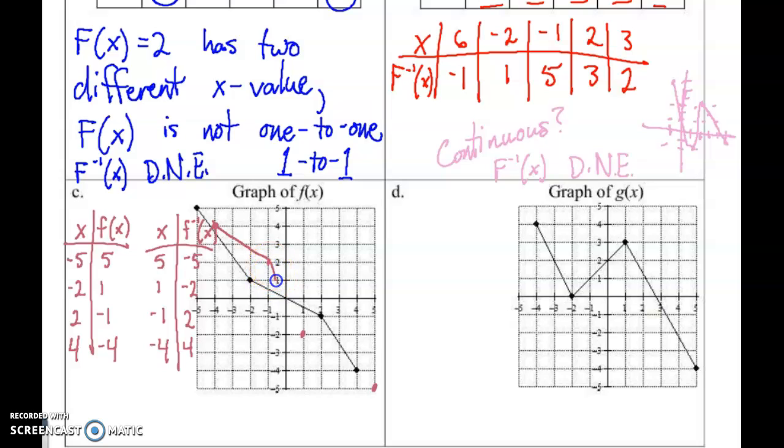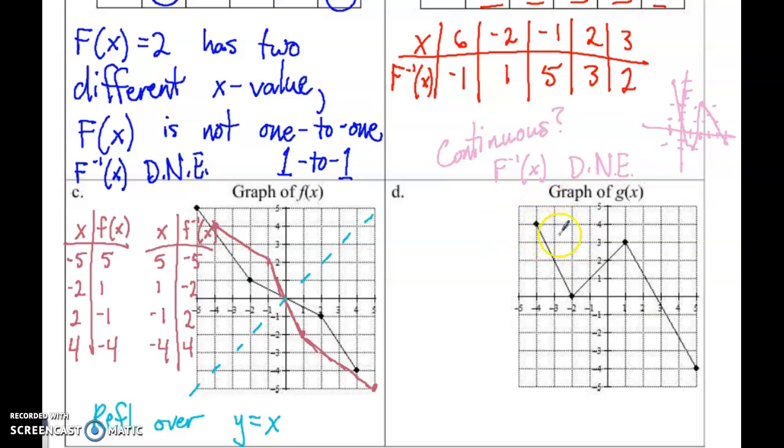And what you would notice, and this is true of all inverses, is this also passes the vertical and horizontal line test. And I'm going to take it one step further because I think you guys are smart enough to figure this out. These are actually a y equals x reflection. So the reflection over the diagonal line y equals x.